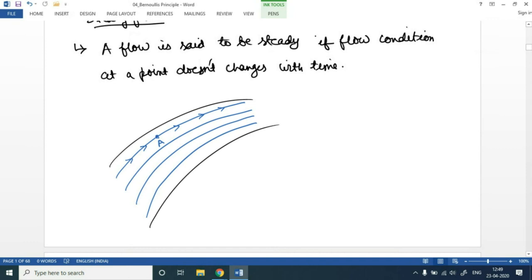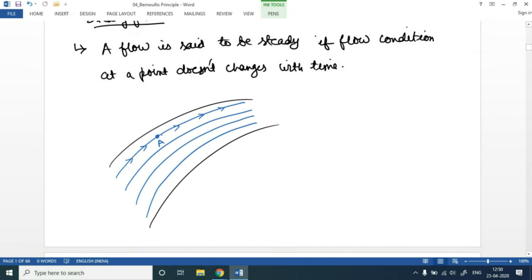So all the particles which pass through point A will have the same pressure and velocity, and even if the time changes, it will not change with respect to time. So pressure and velocity at point A are constant with respect to time for this steady flow. That is why this flow is named steady.